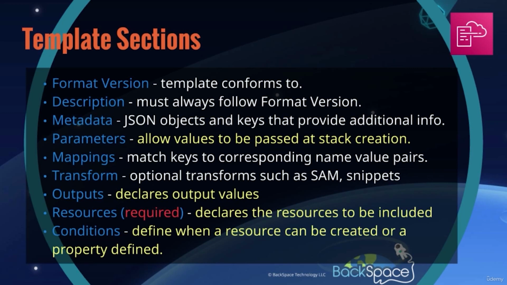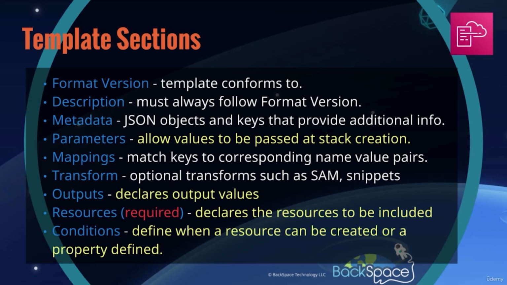For example, it might ask what type of EC2 instance do you want to launch. You can implement mappings of key and value pairs, and those can be referred to within your template. You can define transforms that can prepare this CloudFormation template for other services such as the Serverless Application Model.